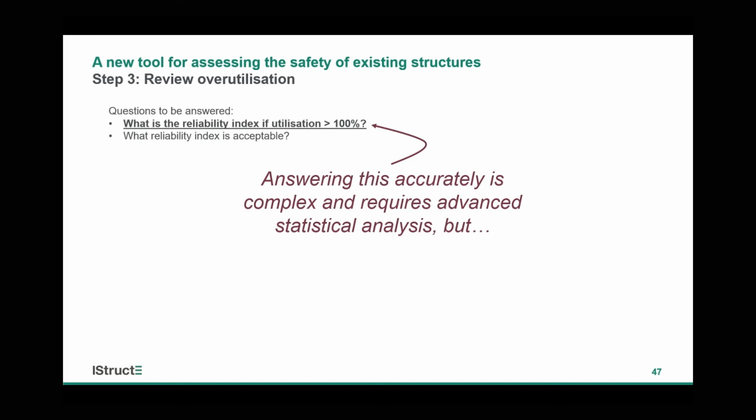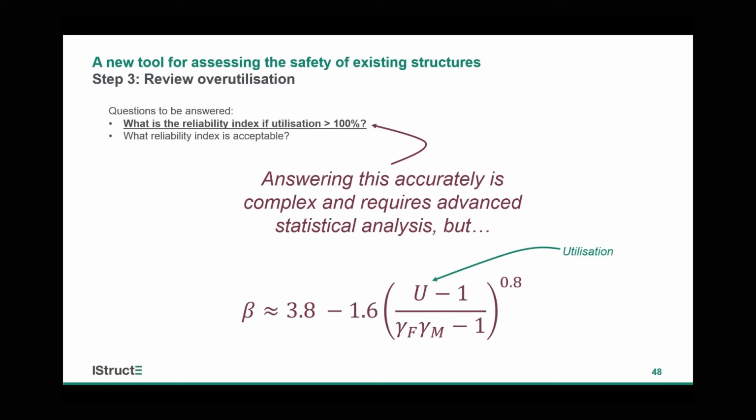But what we've done is we've carried out a broad parametric analysis to derive this simplified equation, which engineers can use to approximately estimate the beta or the reliability index if we've got a utilization that's greater than 100%.